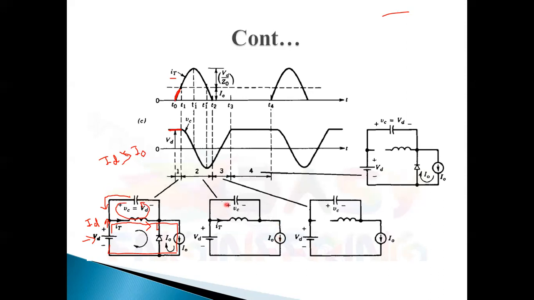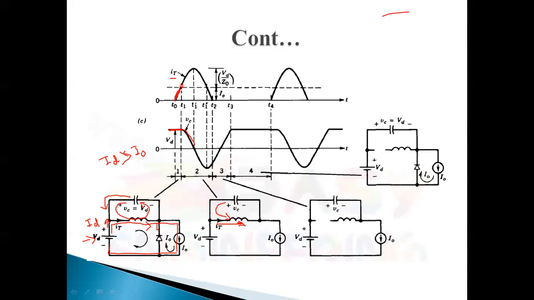So capacitors start discharging to charge this inductor. If you can see, the capacitor voltage is gradually decreasing, and the current IT, which means the current flowing through this branch, is increasing.